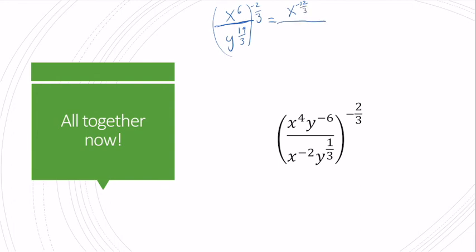I have negative 2/3 times 19 thirds, so I get y to the negative 38 ninths. These are both negative, so they have to change places. I've got y to the 38 ninths over, well, 12 divided by 3, that's going to be 4, x to the 4th. Now this is our final answer, and I know it doesn't look amazing, but it is correct.